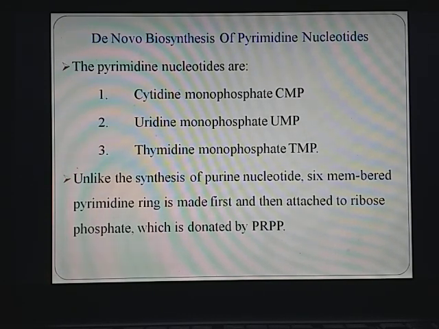The difference between the synthesis of purine and pyrimidine nucleotides is that in purine nucleotide synthesis, the purine ring is synthesized on ribose 5-phosphate, but in pyrimidine nucleotide synthesis, the pyrimidine ring is synthesized first and then attached to ribose 5-phosphate, which is donated by phosphoribosyl pyrophosphate. This is the important point to be noted.